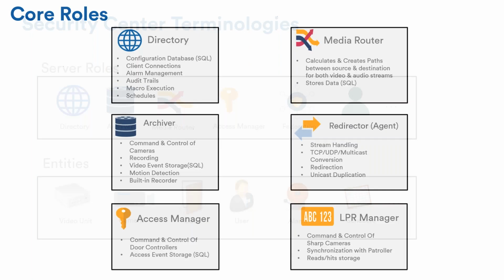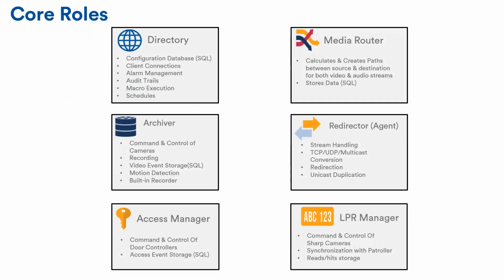Going into a bit more detail about roles, one of the core roles is the directory role. This is basically responsible for authentication of all client connections, configuring of the SQL database, alarm management, audit trails, macro executions, and schedules. And then we have the media router role.